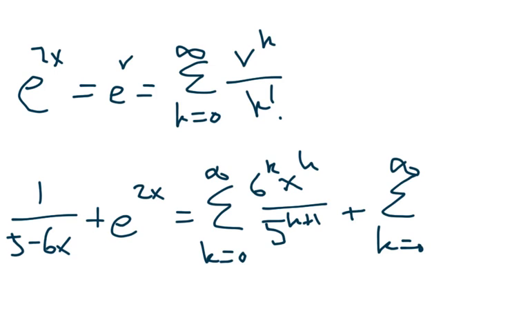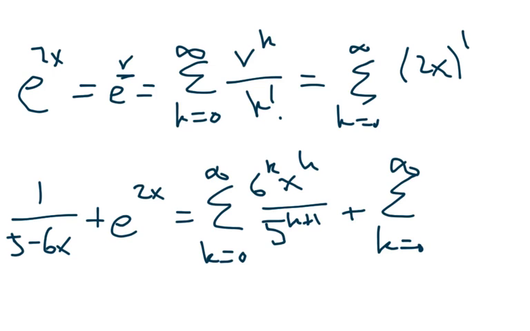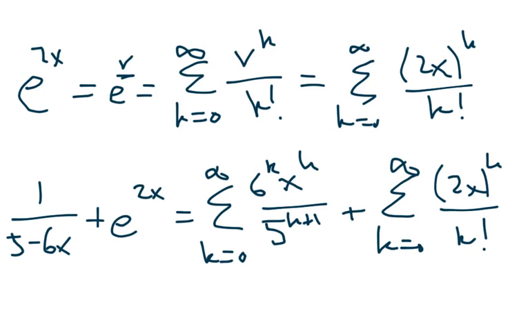If we realize that this v to the k is actually 2x, this is going to be 2x to the k over k factorial. Here we have the same thing, 2x to the k over k factorial. Be careful, because these are individual things. They're not necessarily added together yet.